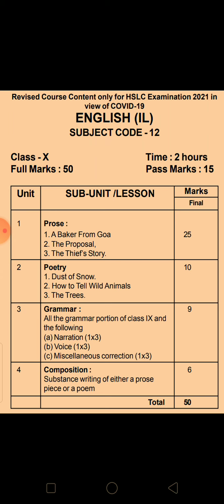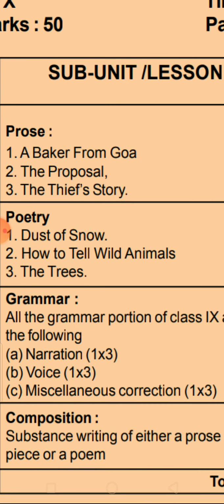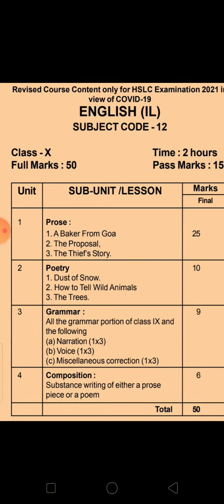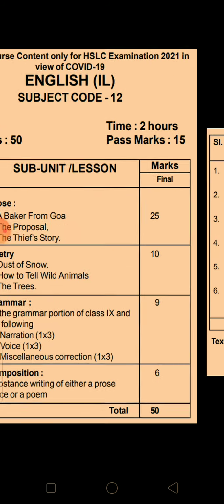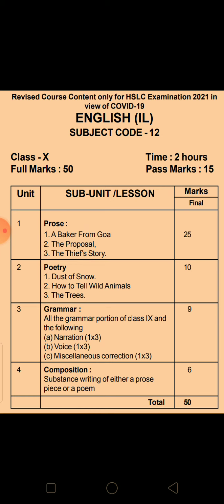That would carry 9 marks, and each of them would carry a weightage of 3 marks for narration, voice and miscellaneous respectively. Then in the composition section, which carries quite a huge mark, which is 6 marks, you have to write the substance of either a prose or a piece of a poem, which would be given as substance writing.